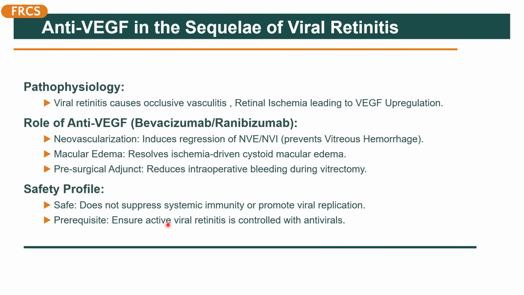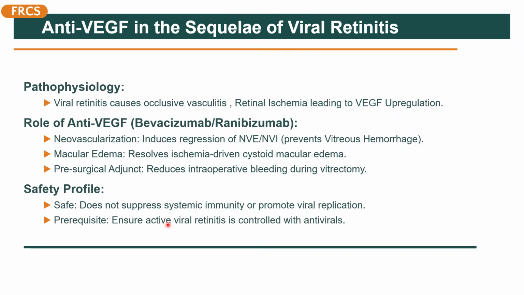Now, the other exception for the use of biological treatment in uveitis is the use of anti-VEGF. Anti-VEGF agents are not immune modulators that decrease the immunity, but they act against the vascular endothelial growth factors, so they prevent new vascularization.